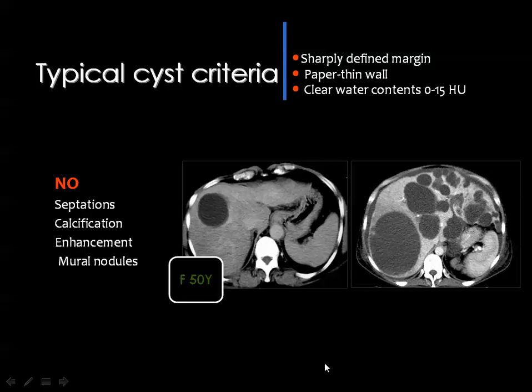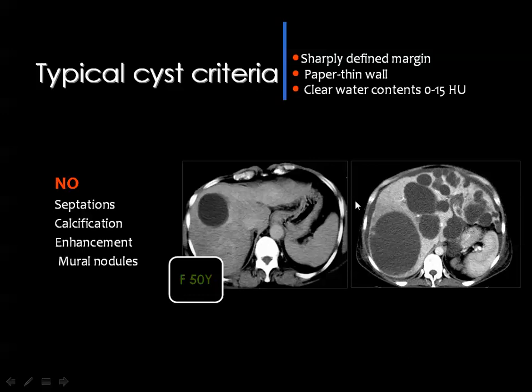Actually, for the diagnosis of a simple cyst anywhere in the body, in the liver, in the kidney, in the brain, in the muscle, in the ovary, there should be 7 criteria: 3 positive and 4 negative.